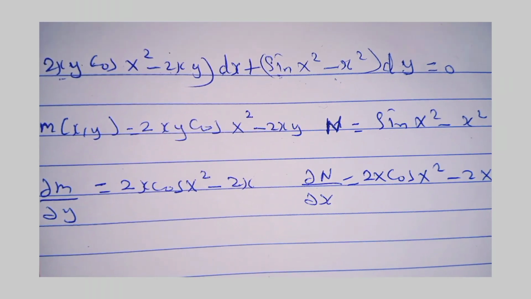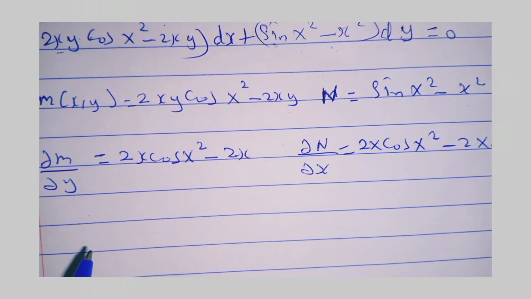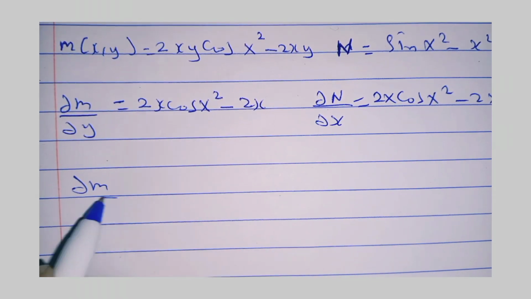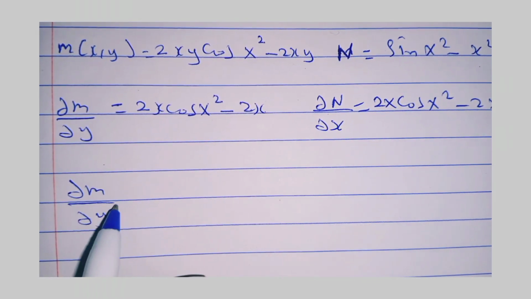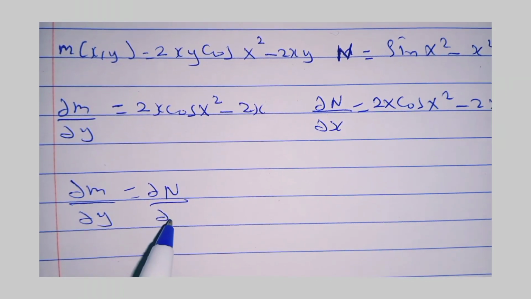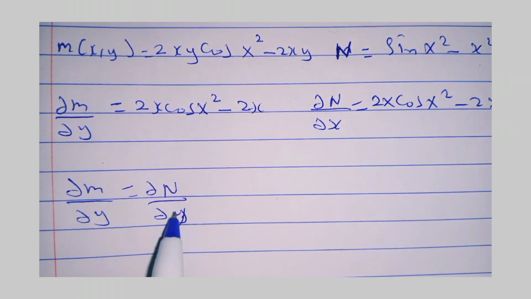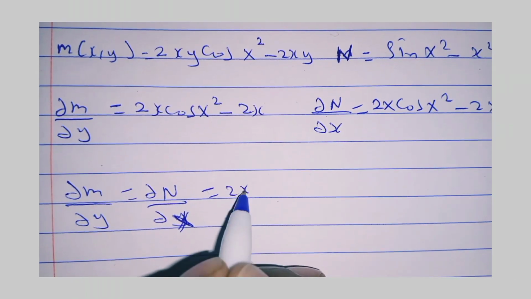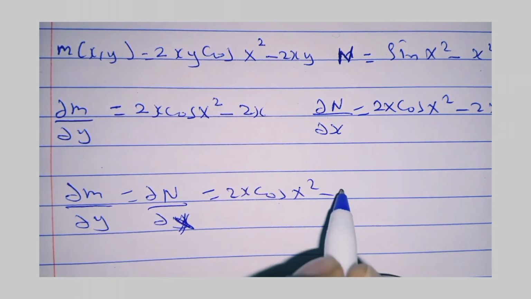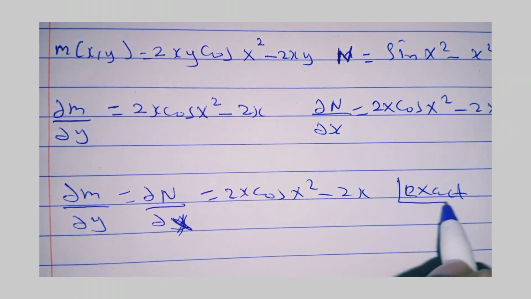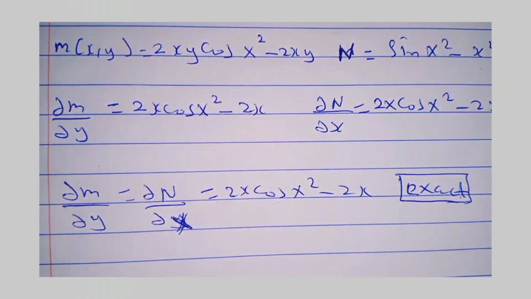Then you compare the partial of M with respect to y, and check whether it is equal to the partial of N with respect to x. In our case, it is equal to 2x cos(x²) minus 2x. So it means that our given ODE is exact.